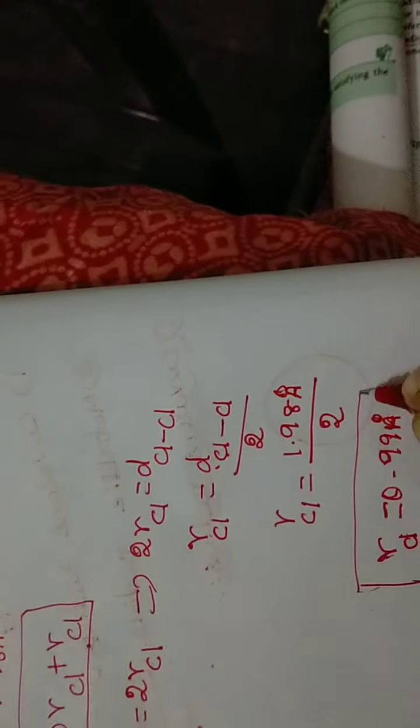So what's the value here? 0.99 angstrom is the value for the radius of one chlorine atom. So we found the radius of one atom by the covalent bond method.